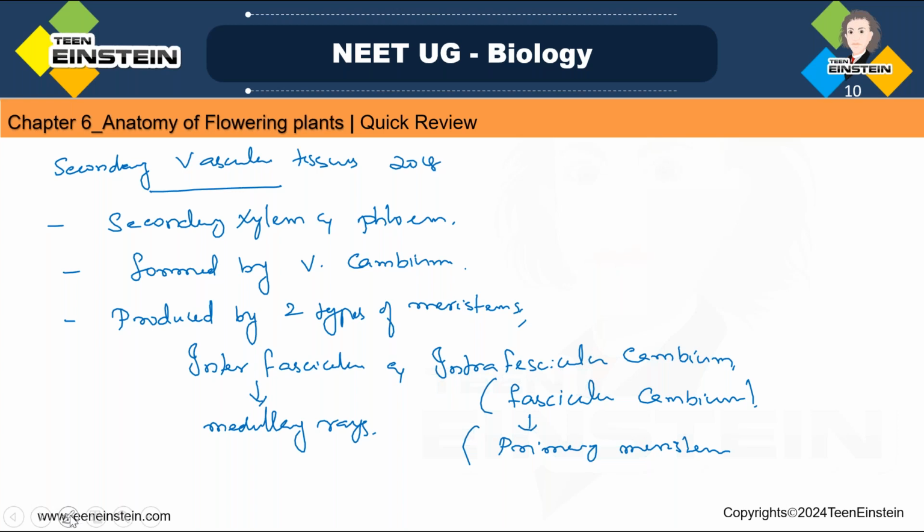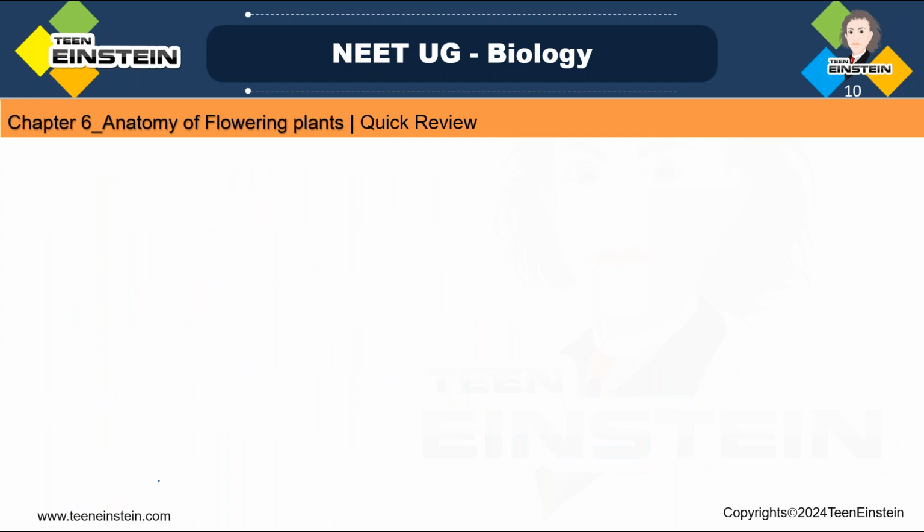And again in 2018, you got another question about the Casparian strips. These Casparian strips are found in the endodermis of root.